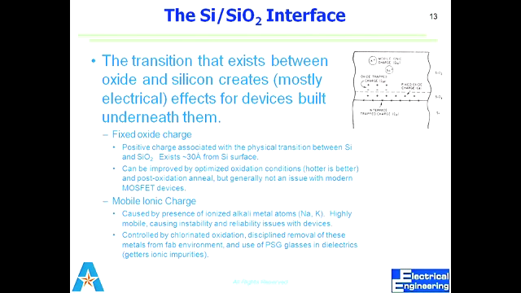And similarly, the second one is fixed oxide. You can see that the fixed oxide is inside the oxide layer, very close to the interface. It's mostly 30 or 40 angstroms from the silicon surface.